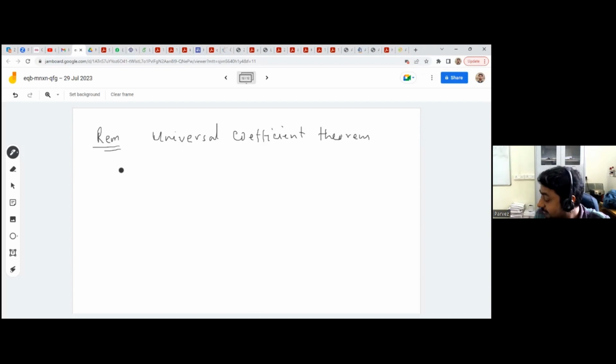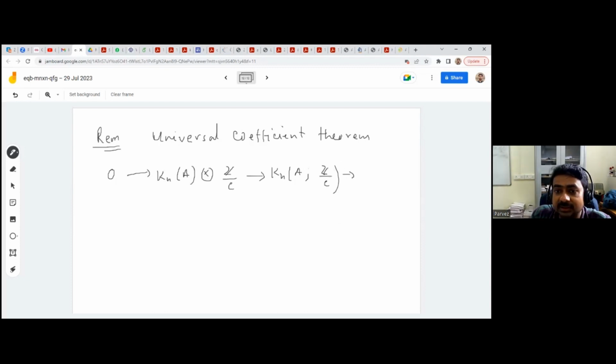So what is the universal coefficient theorem? It says we have the following short exact sequence: 0 to K_n of A tensor Z mod L, to K_n of A with coefficients in Z mod L, which goes to Tor of K_{n-1} of A comma Z mod L, which goes to 0.